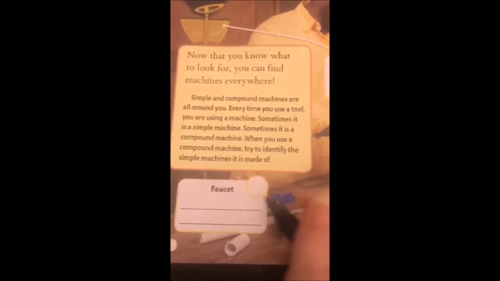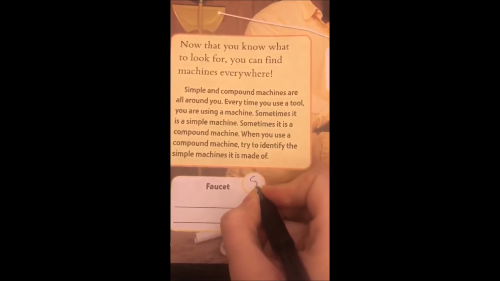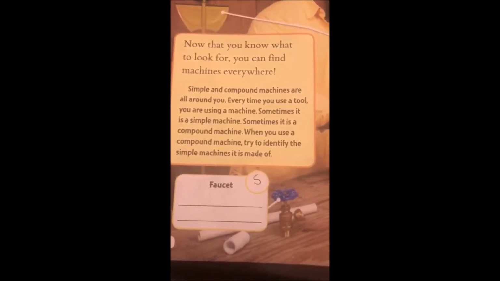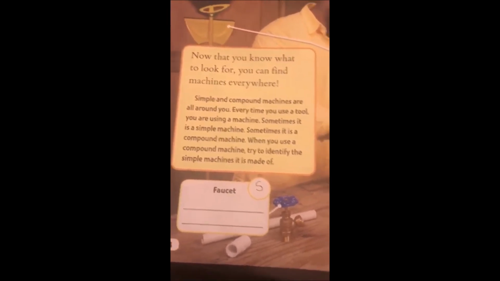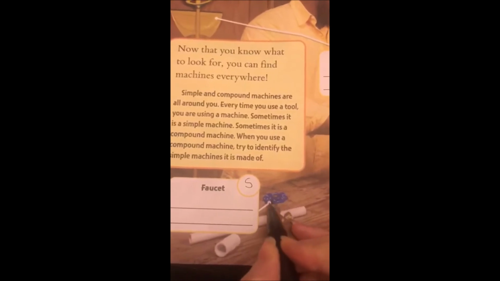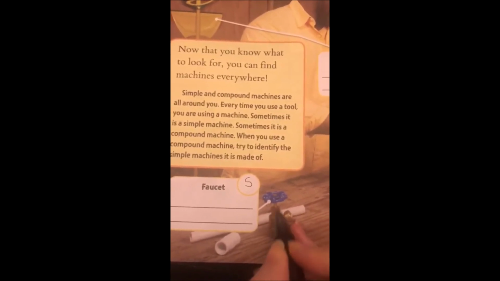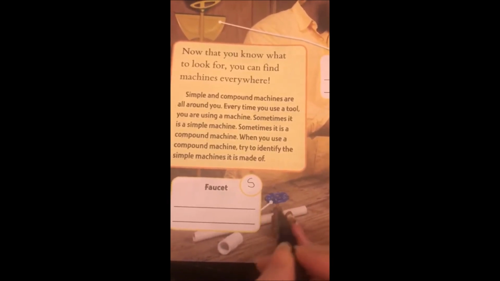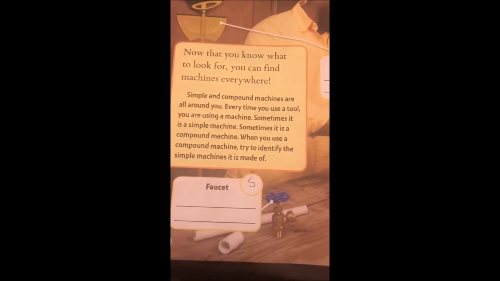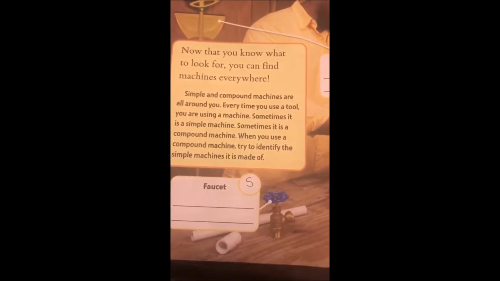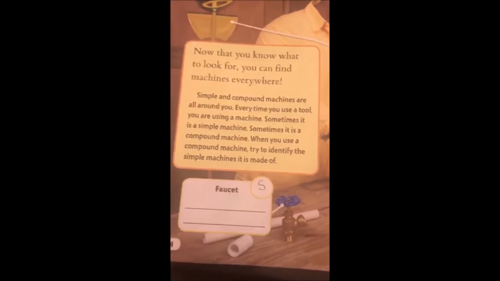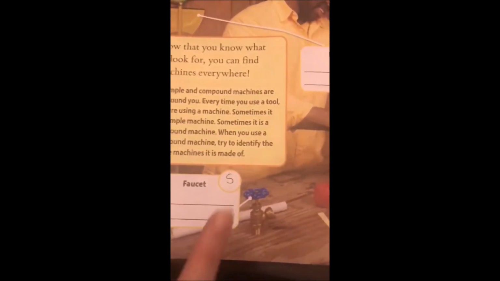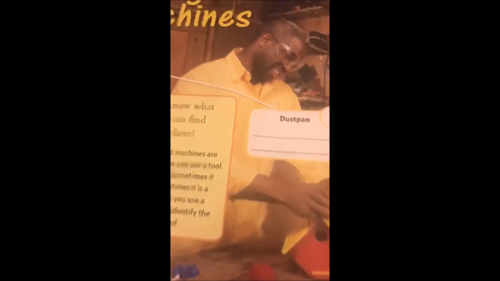So for here, it is a simple machine because we only have one machine, and it is a wheel and axle, because as you can see here, we have a kind of wheel and we have a straight fixed thing, and then turning it is going to turn the faucet. So this is a simple machine, and it's a wheel and axle. I'm not going to write it now, but I'm going to show you at the end.